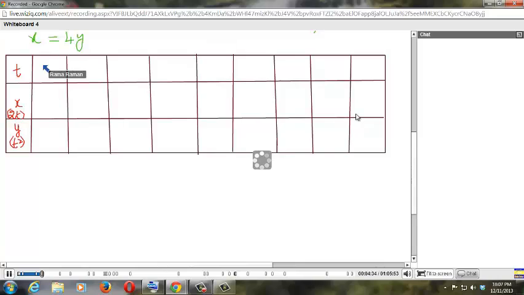Now we are going to give different values for t, get the corresponding value for x using the relation x is 2t and get the corresponding value of y using the relation y equals t square. Now t is a parameter in the sense that for a particular value of t we will get the x and the y values.